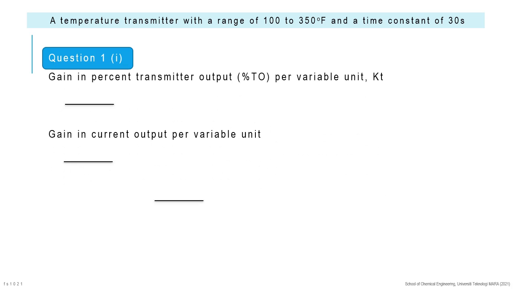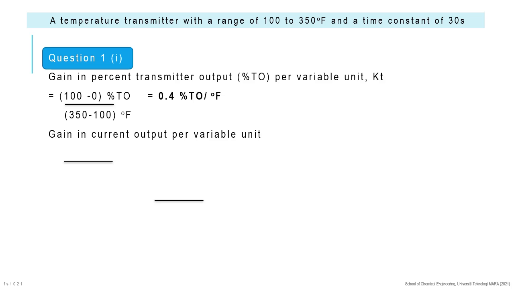You need to calculate the gain in percent transmitter output, which is the percent TO per variable unit, and also the gain in current output per variable unit. In order to solve the gain for percent transmitter output, remember the range for percent transmitter output is between 0 and 100.